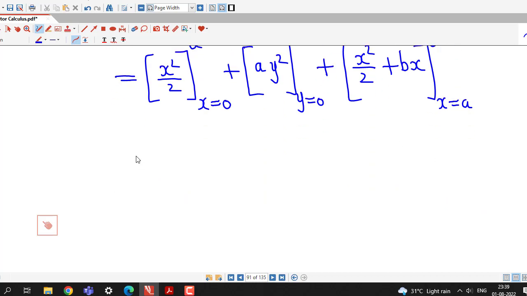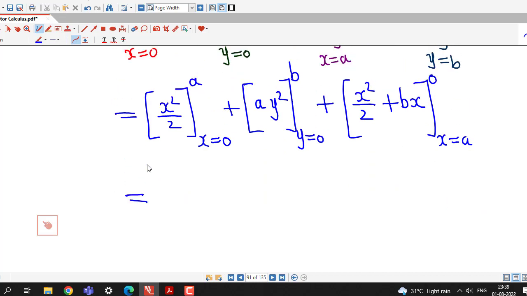Now we put upper limit and lower limit for each of the integrals. Upper limit is x equal to a, and here we have a square by 2 minus 0, that we are not writing. Similarly upper limit is y equal to b, so here we have a into b square minus 0, so that also we are not writing, plus x equal to 0 minus x equal to a.